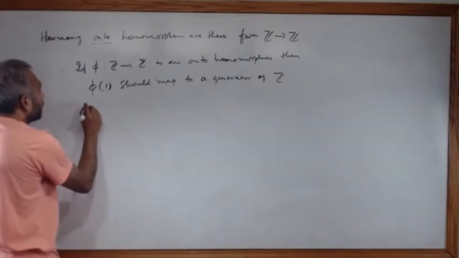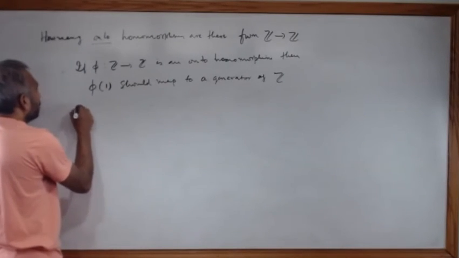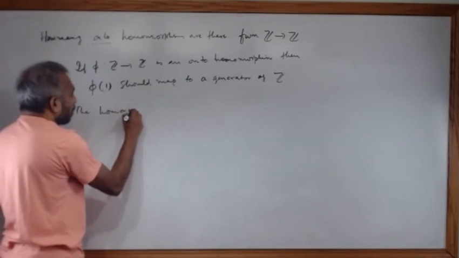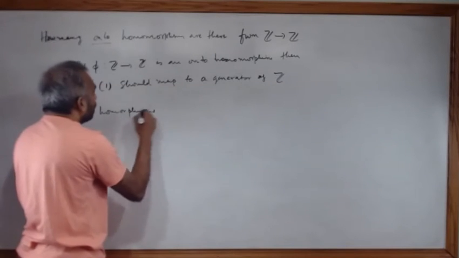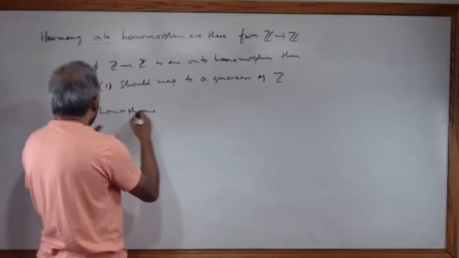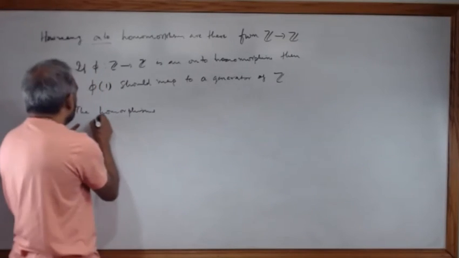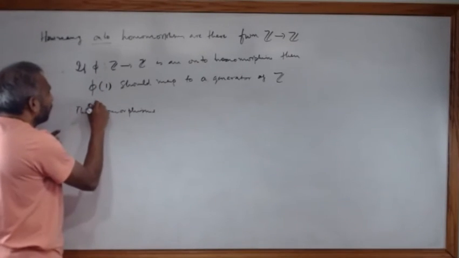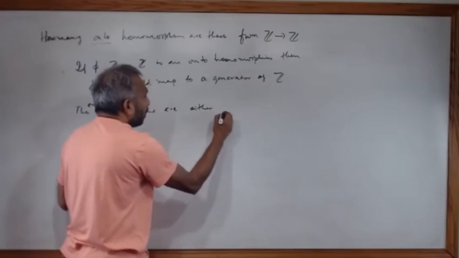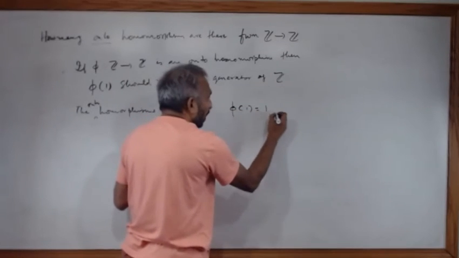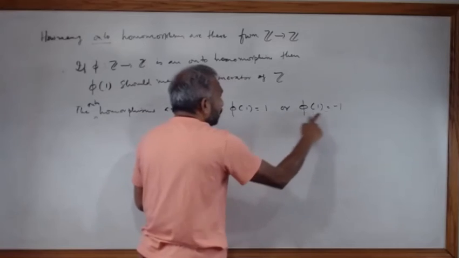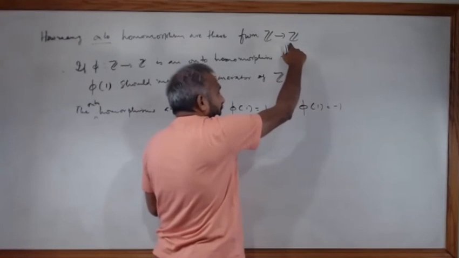So what are the homomorphisms? The onto homomorphisms are either phi of 1 is equal to 1 or phi of 1 is equal to minus 1. These two have to be generators of this.